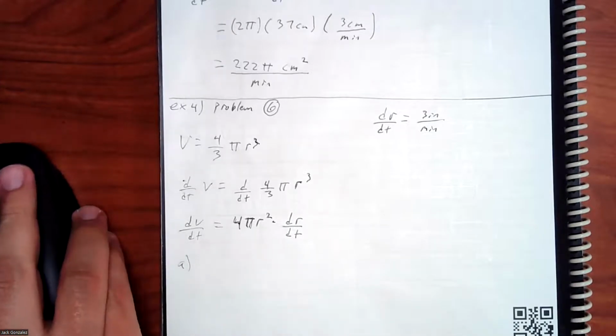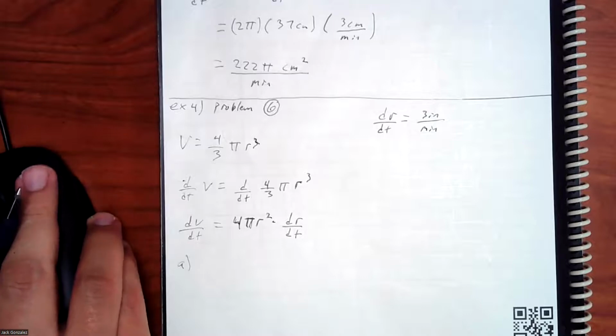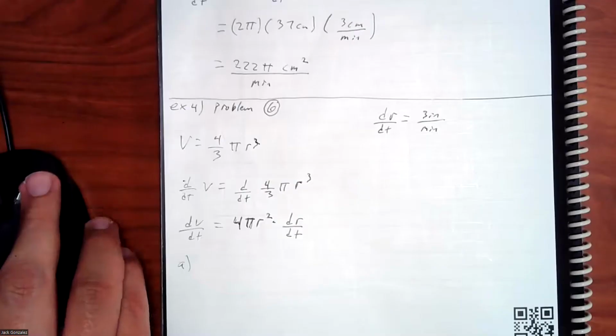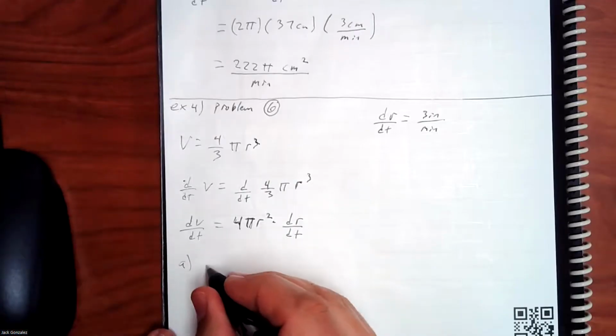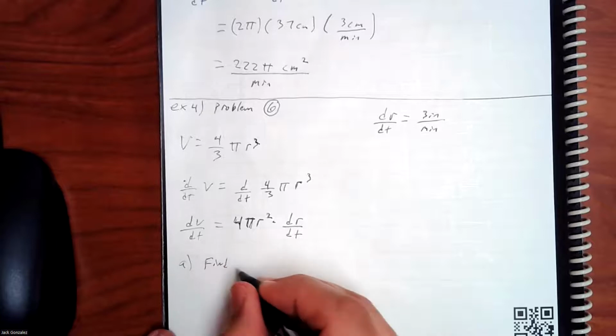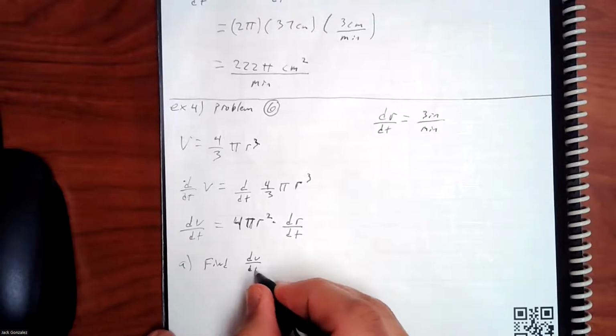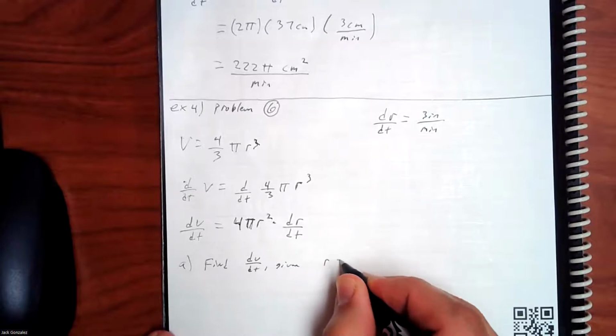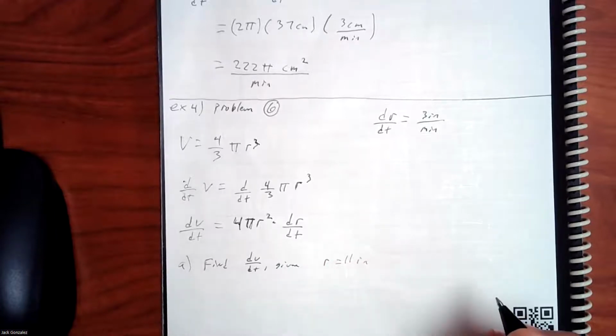So part A says find the change in volume when your radius is 11 inches. Shorten that up to find dV/dt given r is 11 inches.